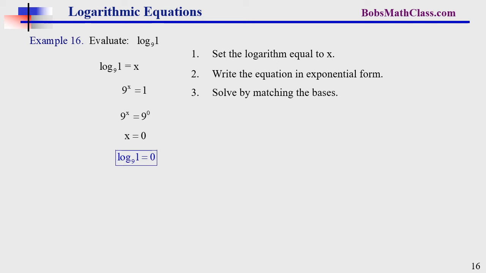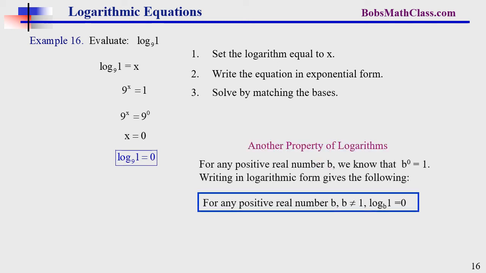But this gives us another property. So same thing. As long as b is not equal to 1, the log of 1 with a base b is equal to 0. So anytime you have a 1 where the result is, it's equal to 0.